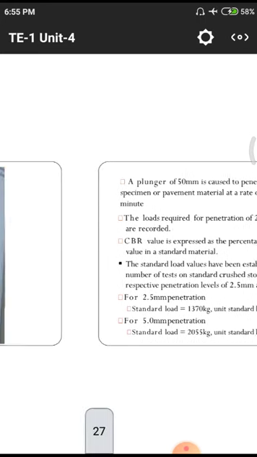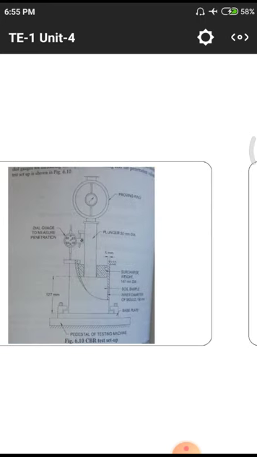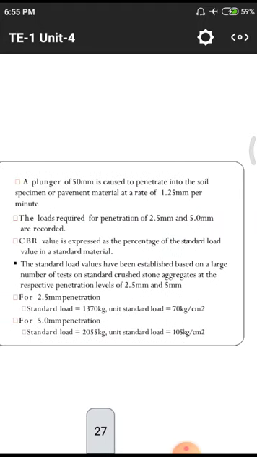That means we are giving a penetration of 1.25 per minute, so we need to have values at 2.5 and 5. That means for 2 minutes and 4 minutes we need to record the values of penetration. CBR value is expressed as the percentage of standard load value in the standard material.